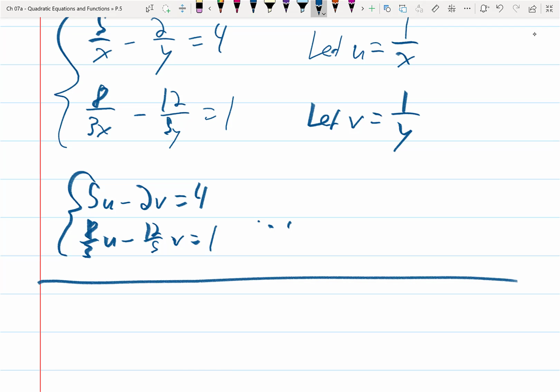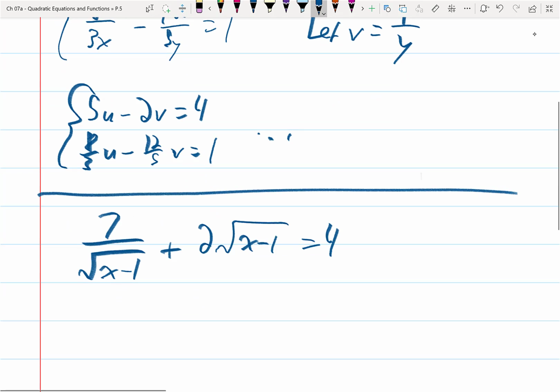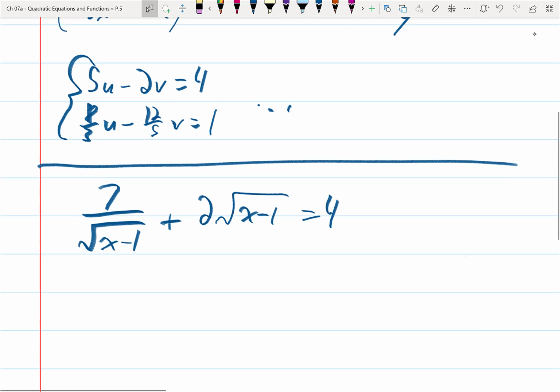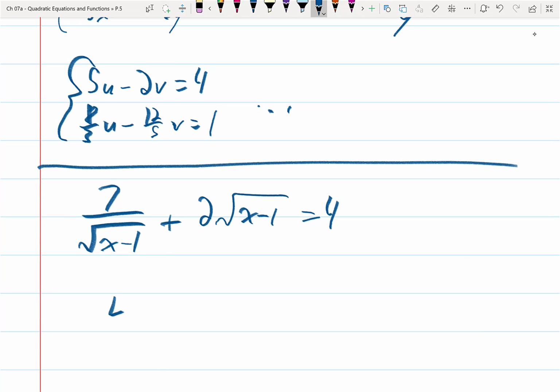Additionally, you saw a problem in the homework we just went over that hinted at this: 7 over root x minus 1 plus 2 times root x minus 1 equals 4. In this case, you can work this without u's, but it's a lot easier oftentimes if you say, let u equal the thing that I want to temporarily replace.